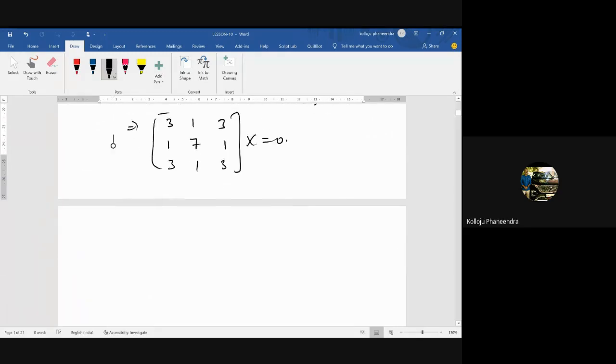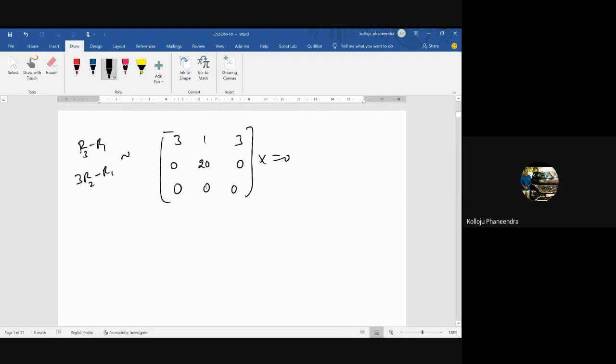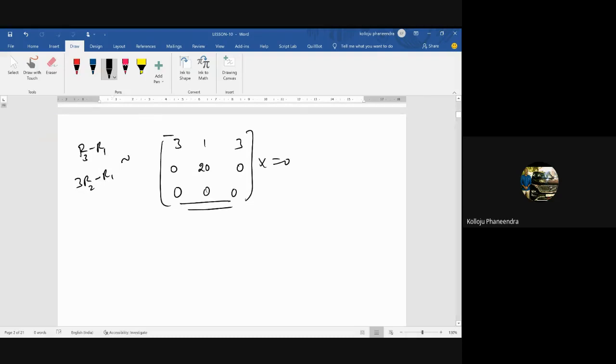Now reduce to echelon form: R3 minus R1, and for the second row, 3R2 minus R1. This gives 20 in the second row and 0 in the third row, so we get a zero row.